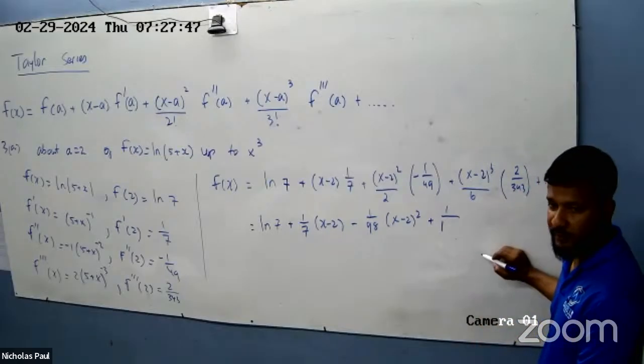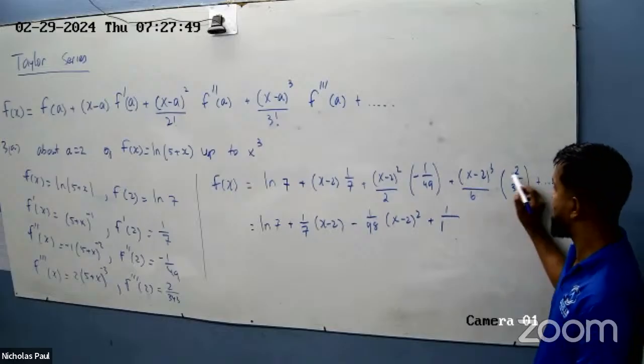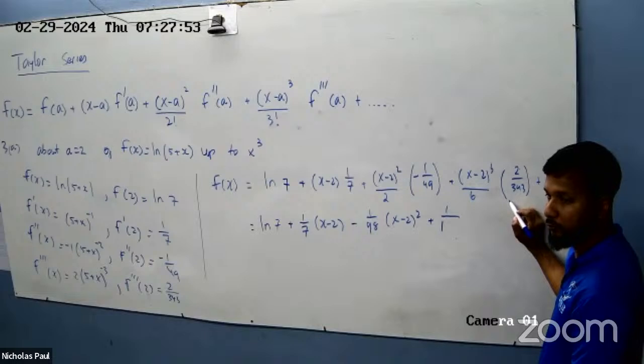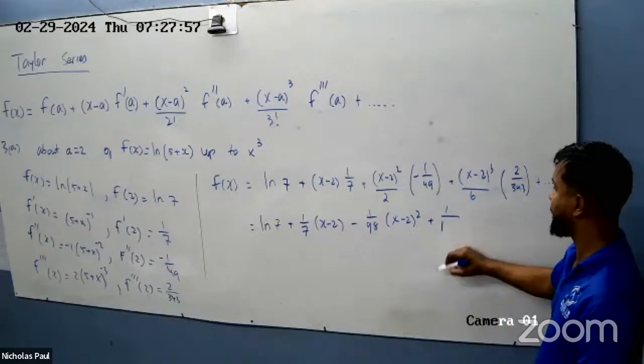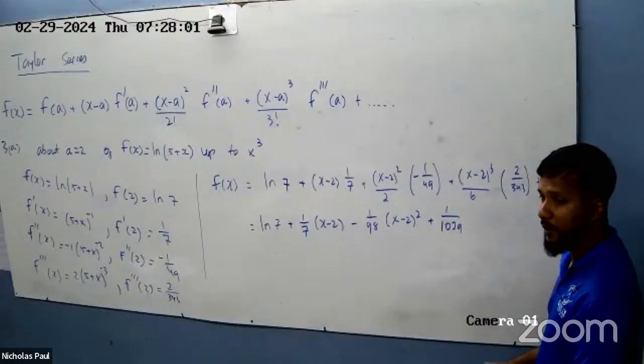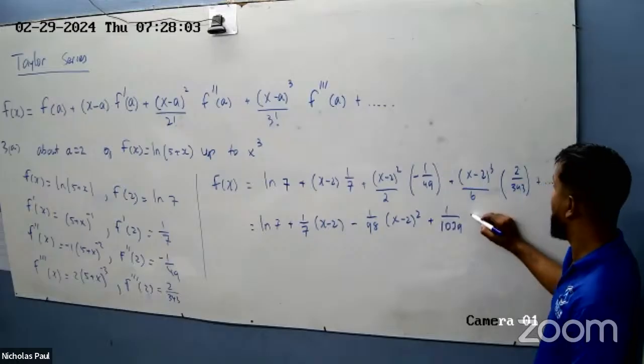So divide out here. What's this here? 3 by this is how much? 1029. Yeah. X minus 2 cubed.